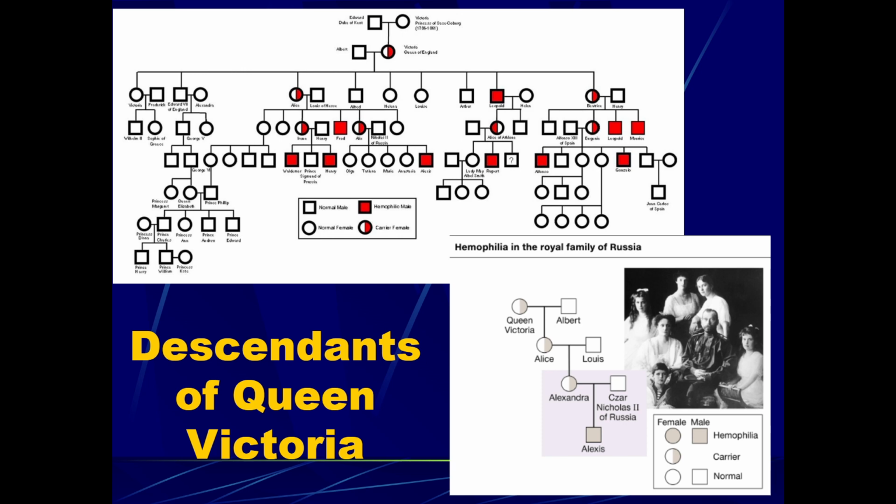And because Queen Victoria married off many of her daughters across the royal houses of Europe and Russia, this disorder passed through their families. It is slightly attributed to the reason that the royal family of Russia was essentially martyred and killed and were succeeded during the Russian Revolution.